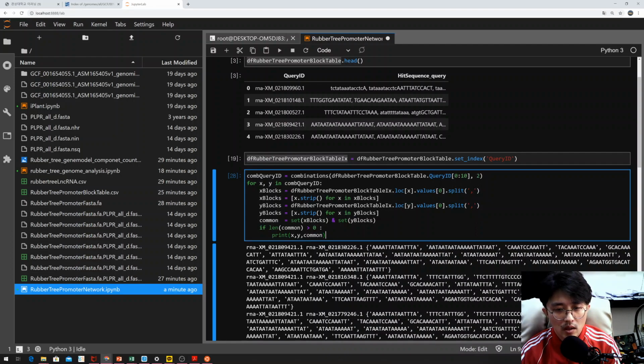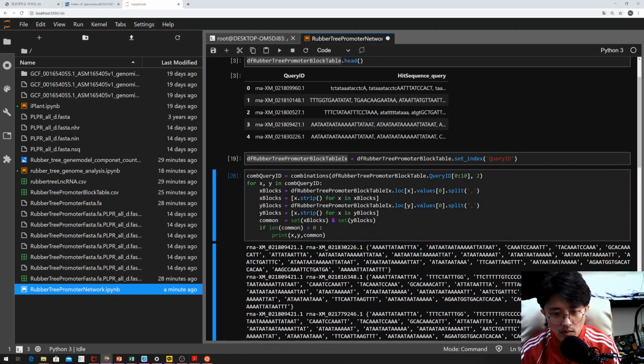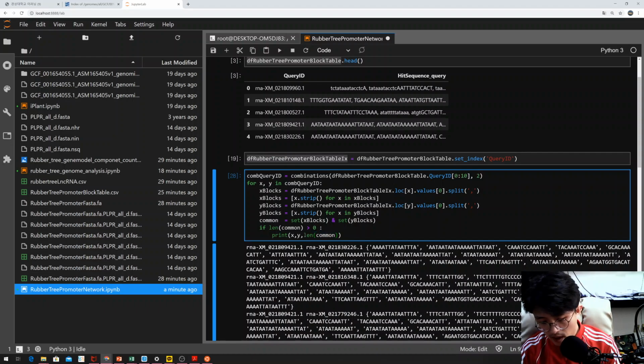And I want to add more information. This is kind of messy, having all this information. I will put here the common length, and the length of x and length of y blocks.